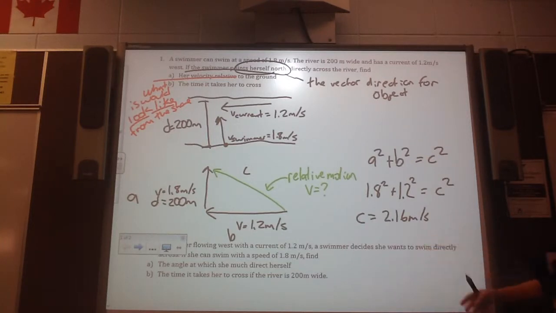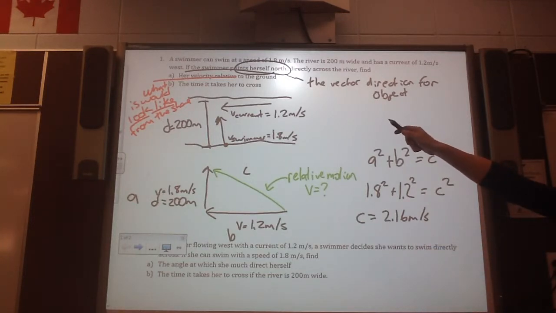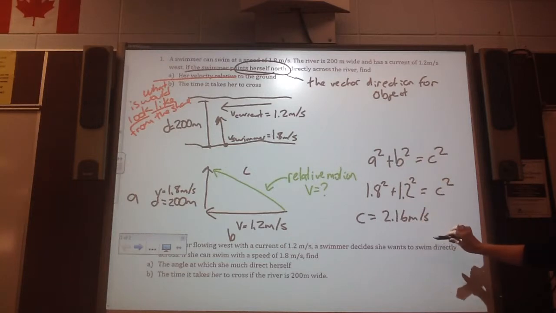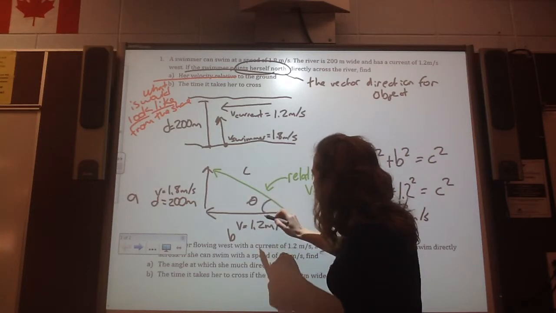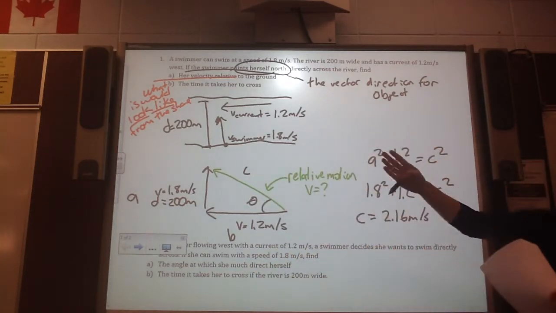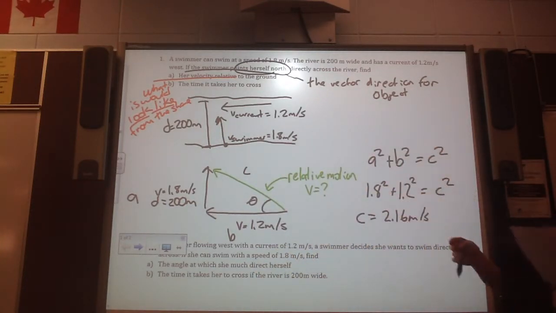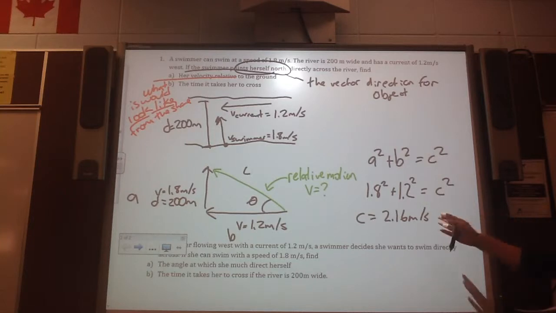But we were asked to find velocity, so what do I need? I also need direction with this. So what I find is the angle of the overall relative vector there. So this is not my final answer.